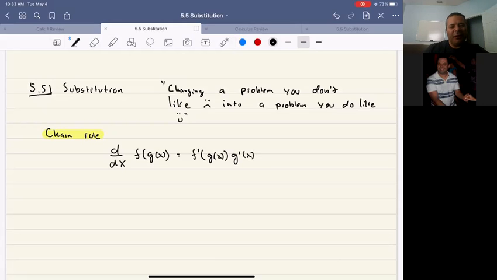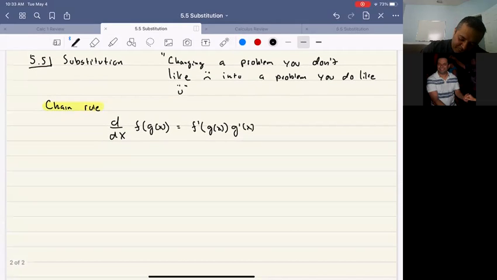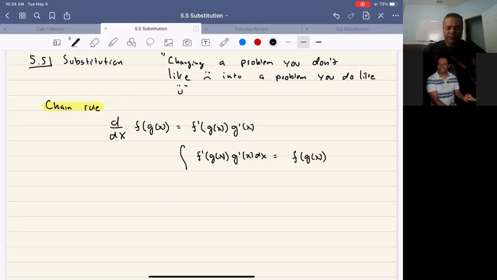Alternatively, or conversely, the integral of f prime of g of x times g prime of x dx is going to be f of g of x. Let's add that c. Don't want to miss that.